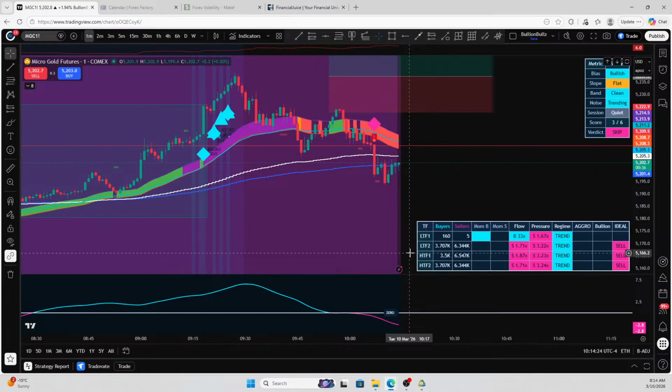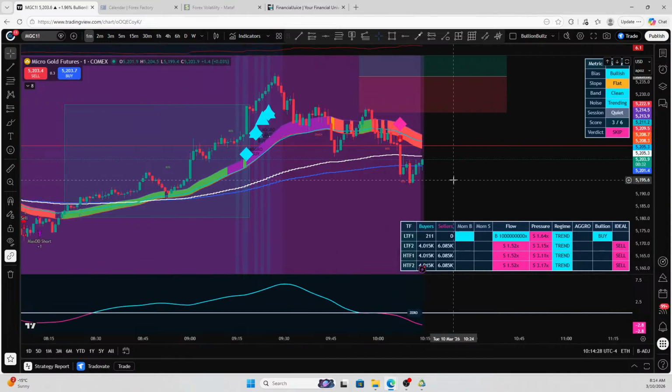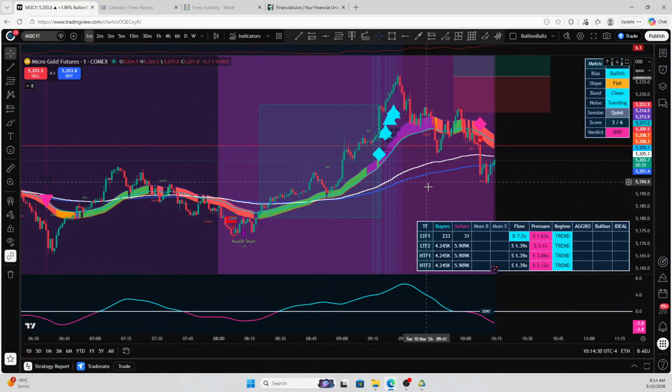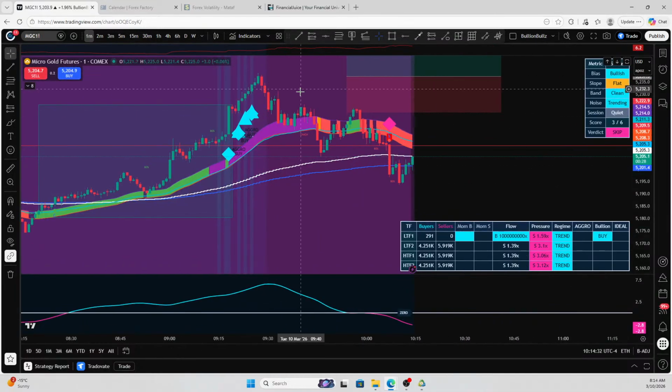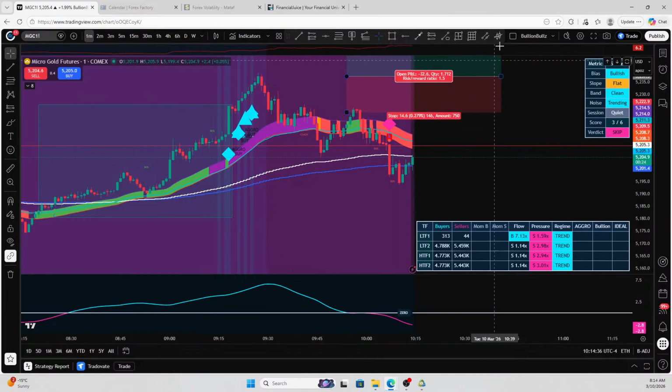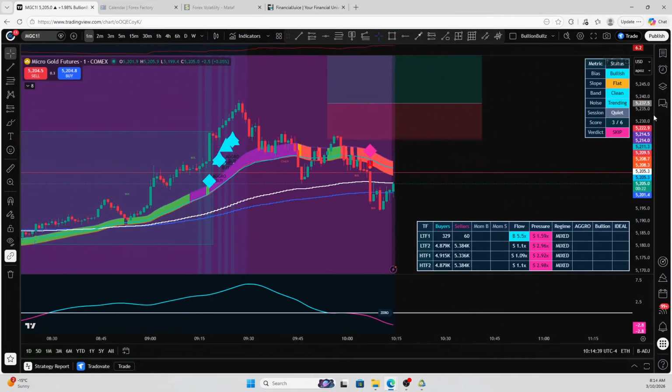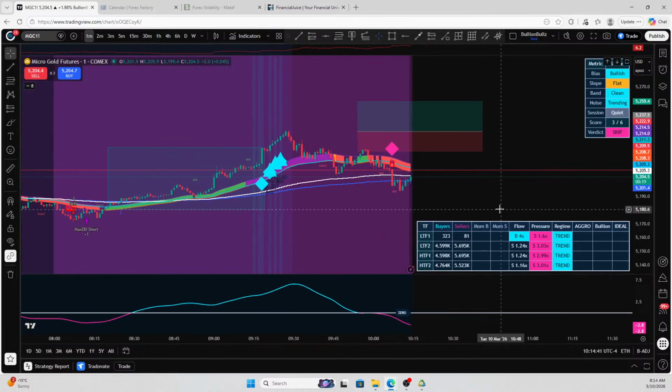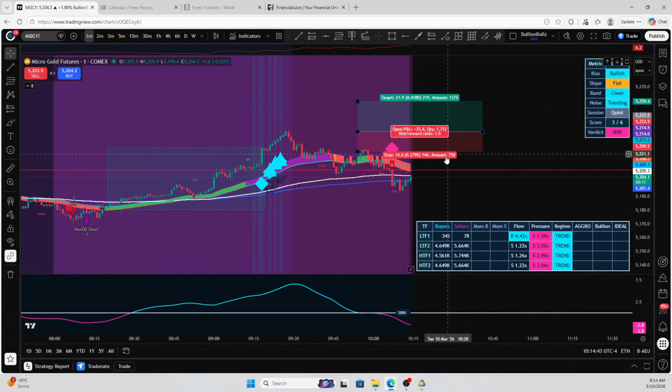Yesterday during the London session and this morning pre-market, we had a very good price move. So I expect this pullback and then a continuation of the move to the upside. That's why I'm not in a rush to take a trade right now.